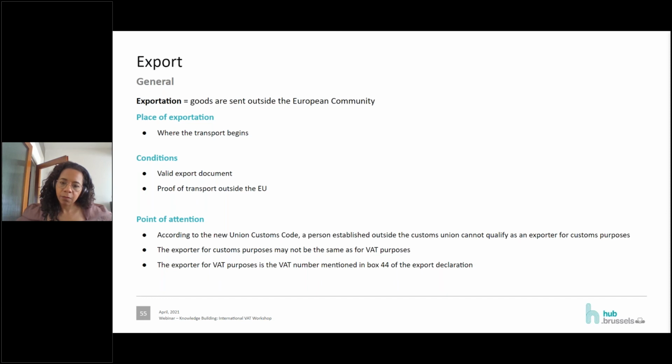This means that if you're importing both in the UK and in the EU, you need two different EORI numbers, one from the UK, one from a EU country. If before you had the UK EORI number for all your import transactions in Europe, this will no longer be valid for imports within the European Union because of Brexit. That's why when we had clients in this situation, we always mentioned that they should now request a new EORI number where they are importing the goods within the European Union.